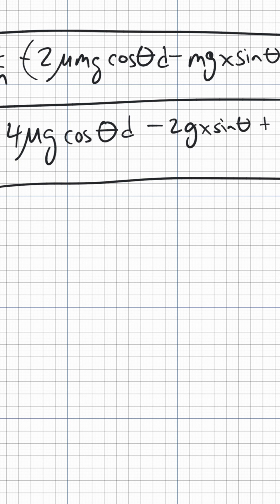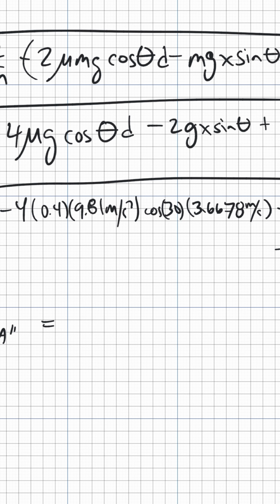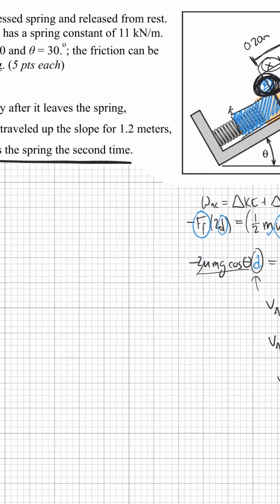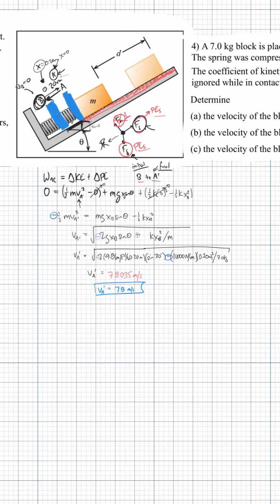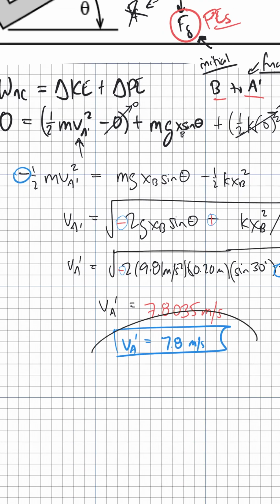Okay, so again, I'll pause while I do the algebra. I was running out of room, so we're just going to treat this all like one giant line. Let's see what happens when we use the calculator. Before I plug this in, we know what answer we want to get, right? When this thing left the spring, it had a velocity of 7.8 meters per second.